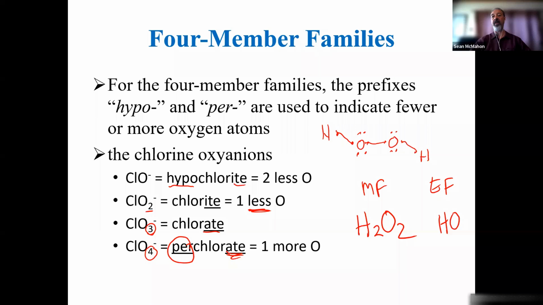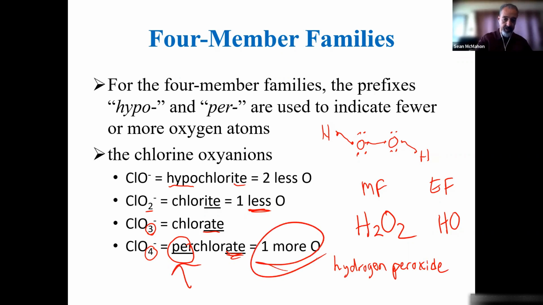It's a molecular compound, all nonmetals. What is that called? Hydrogen peroxide. Why? Because it has 1 more oxygen than H2O. So that's hydrogen peroxide. The per means 1 more. That per prefix.